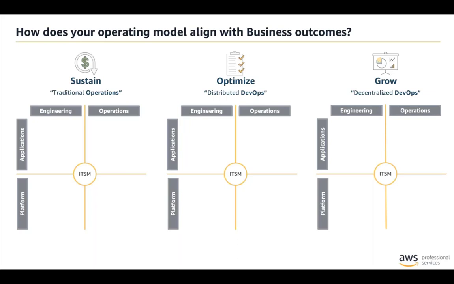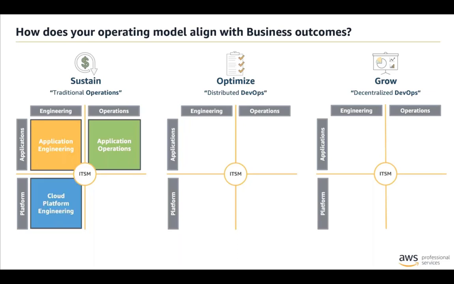Just as you lift and shift workloads in this model, you also lift and shift your traditional operating model. Application engineering is still done separately from application operations teams. We now have a cloud platform engineering team instead of multiple infrastructure teams, but we have a separate cloud platform operations organization that is separate from engineering.